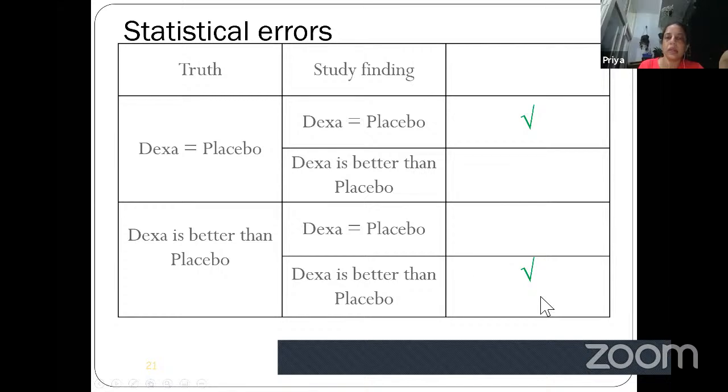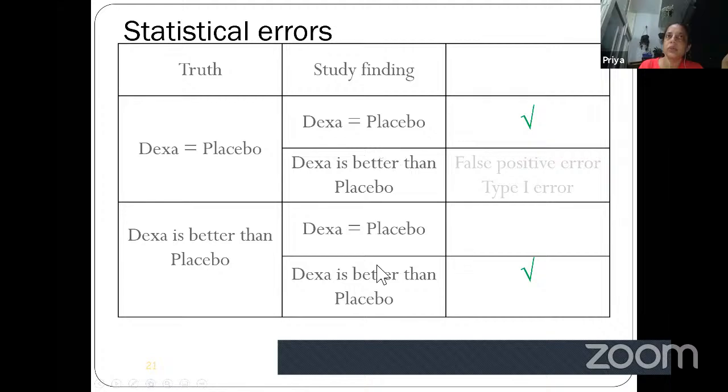There are two other possibilities, that in reality, there is no difference between the two treatments, but your study finds a difference, okay? And this is what we call a false positive error, or a type 1 error, okay? Remember, you're never going to know the universal truth, right? Because you're never going to do a study on the entire population.